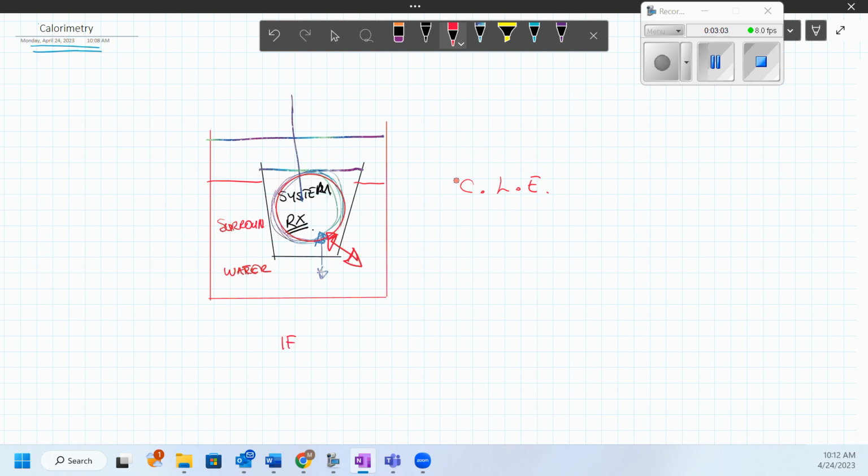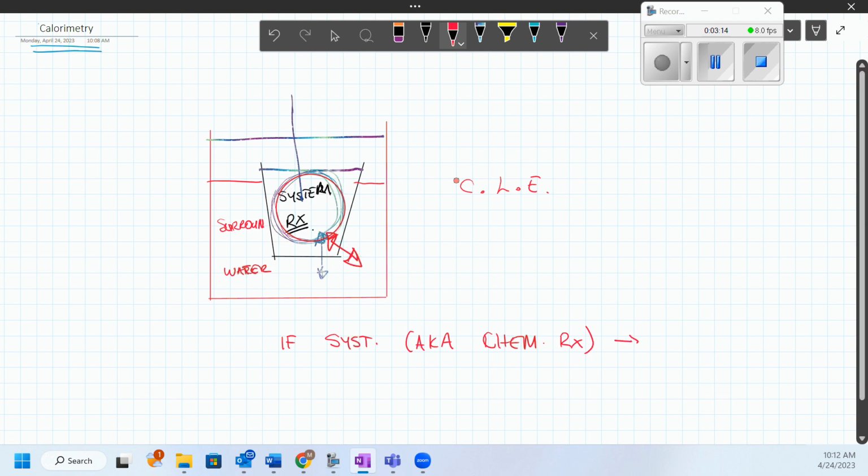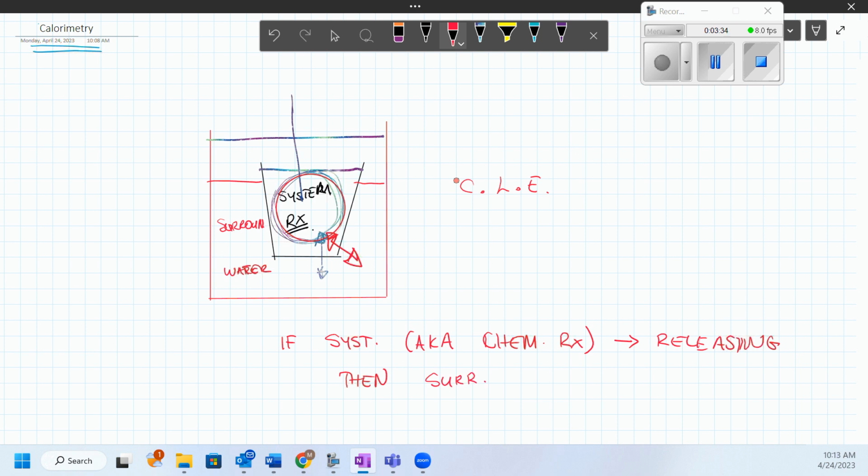If the system, also known as a chemical reaction, is releasing, then the surrounding, which in 99% of the cases is water, is heated up, is warming up.